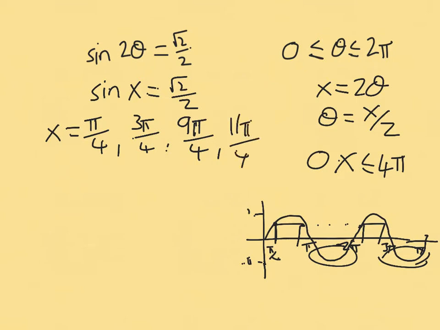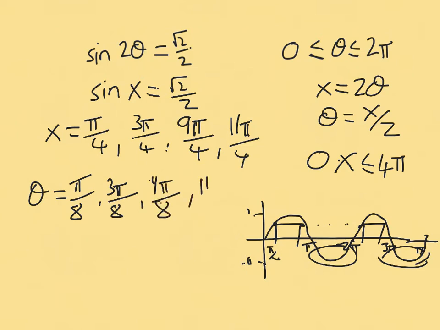Well, what are our solutions then? Remember, theta is x over 2, so I divide all these by 2. So theta must be pi over 8, 3 pi over 8, 9 pi over 8, and 11 pi over 8.